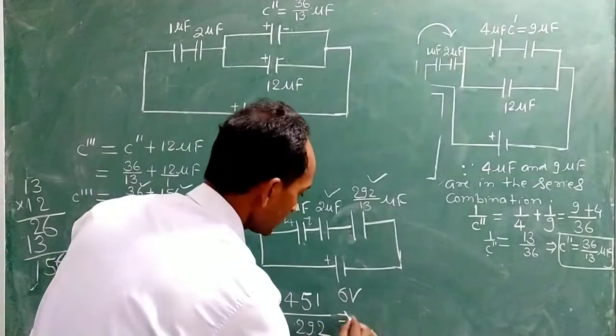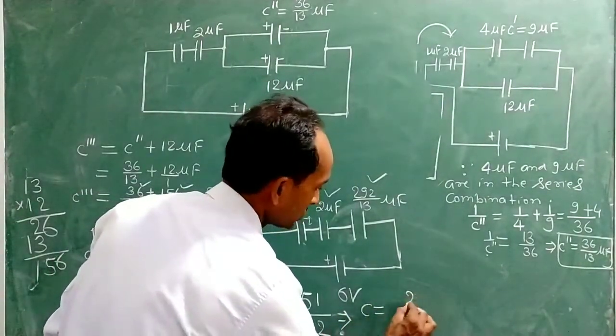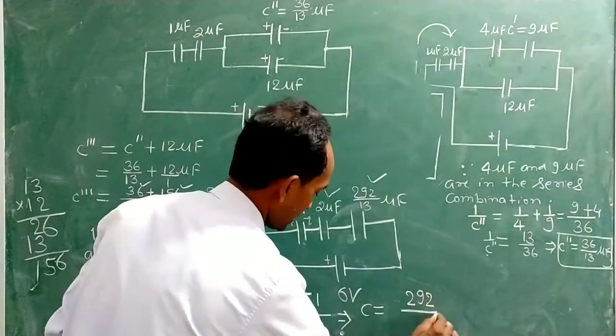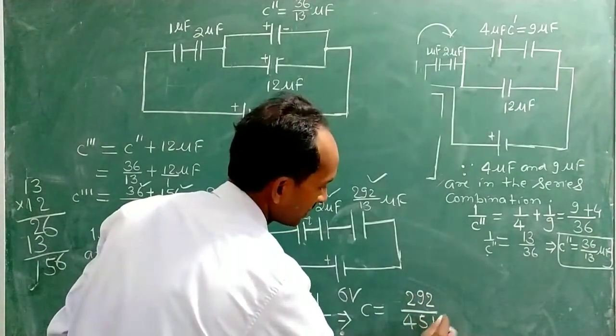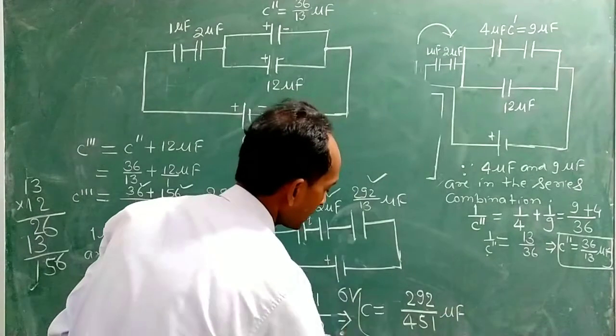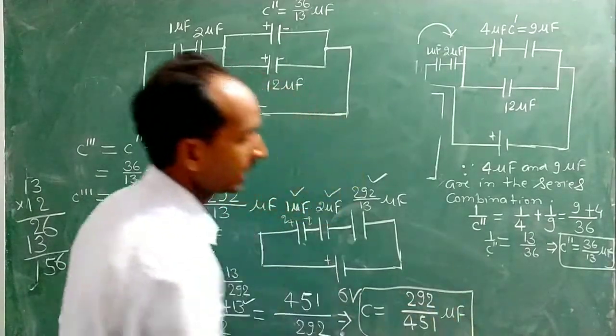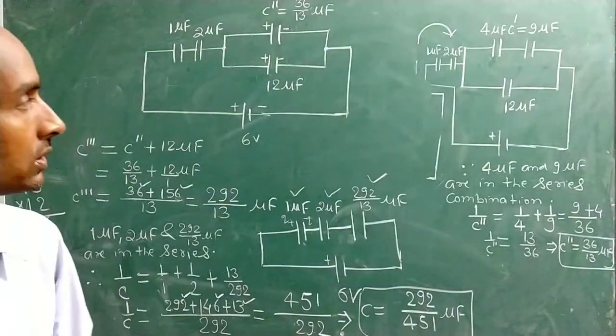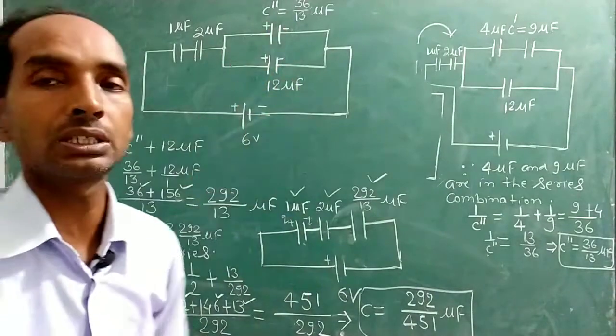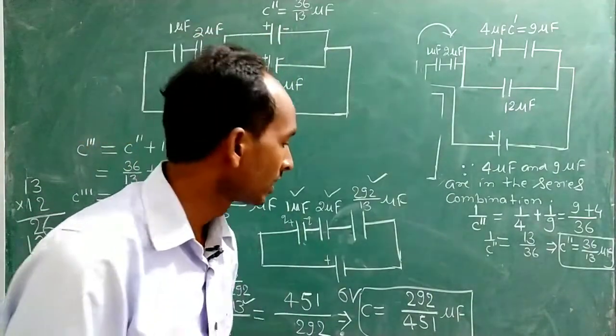This means C equal to 192 divided by 451 microfarad. This is the equivalent capacitance of the capacitors connected in the given figure.